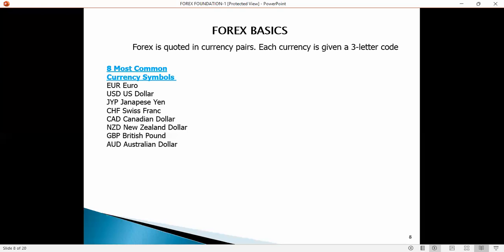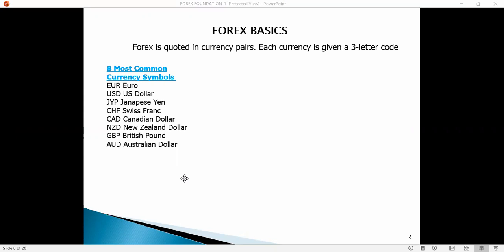Why is it 8? At least we have more than 8 countries around the world. We still have Nigeria, we have Ghana, we have all of that. Yes, of course, we have several, but these are the 8 most common currencies. Why are they the most common? They are the currencies people spend most.